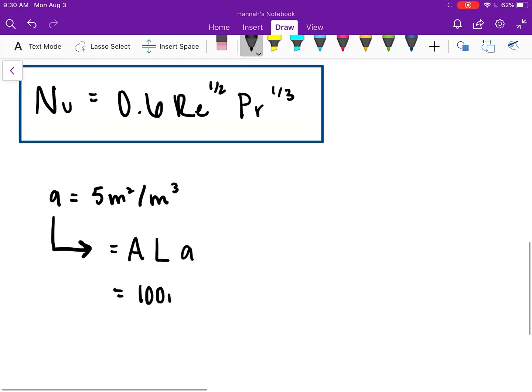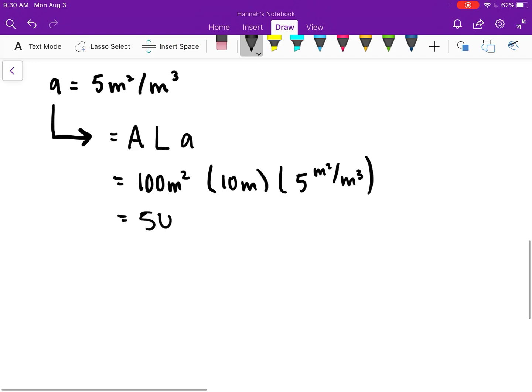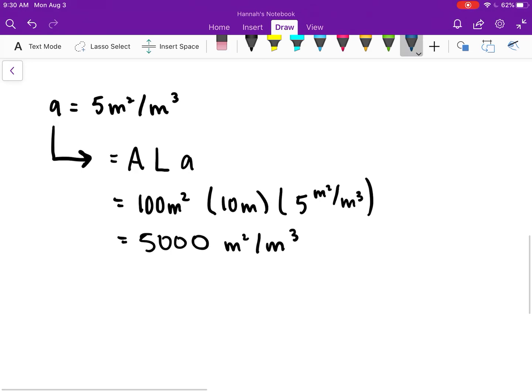So that's 100 meters squared, as we said earlier, 10 meters, and then that 5 meters squared per meters cubed. And that's going to be equal to 5,000 meters squared as the total contact area.